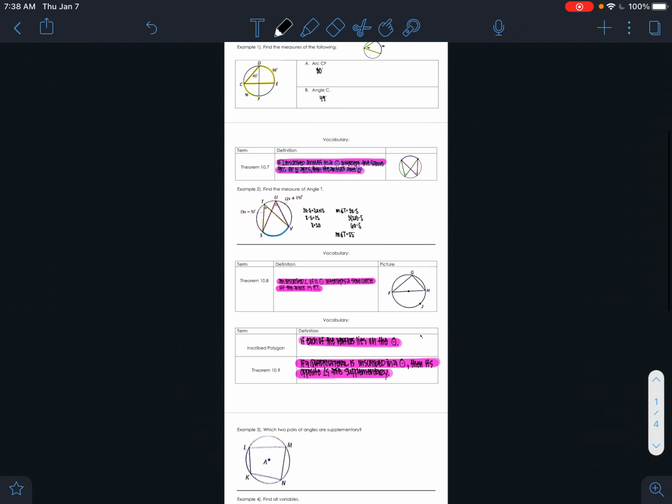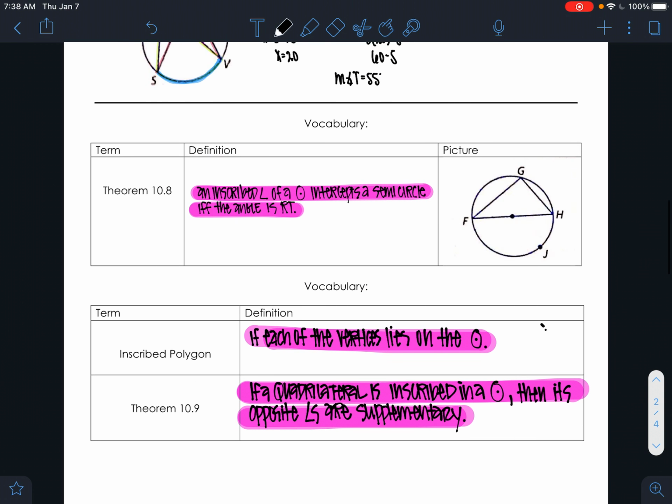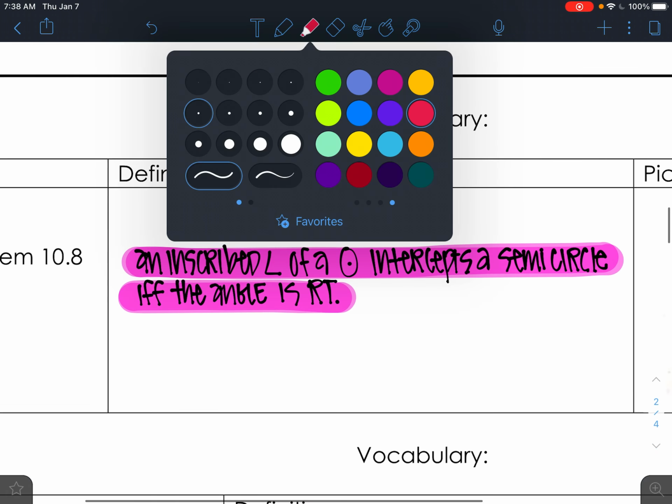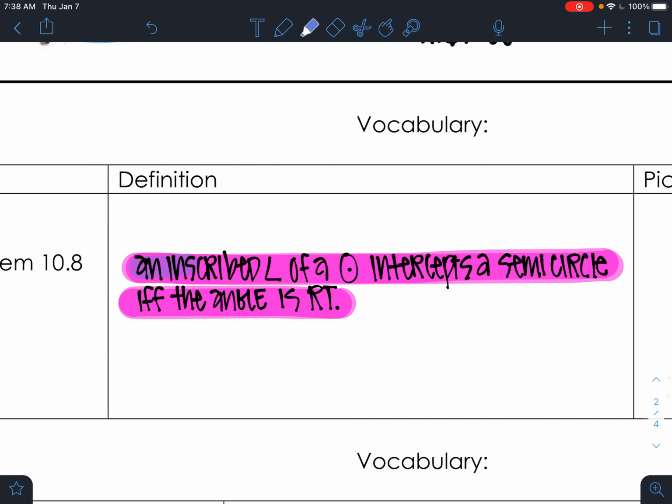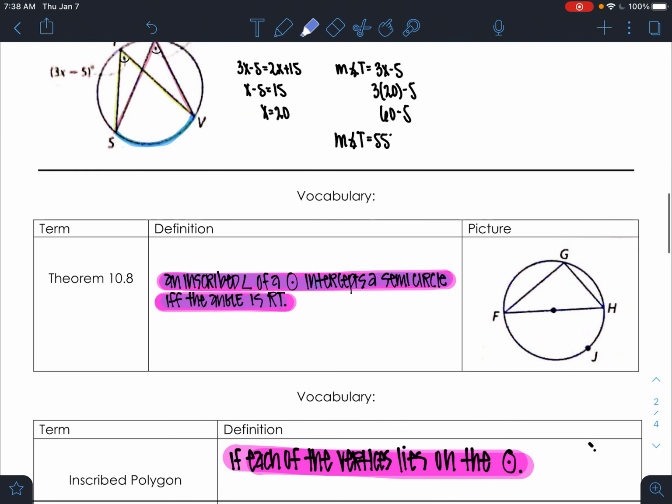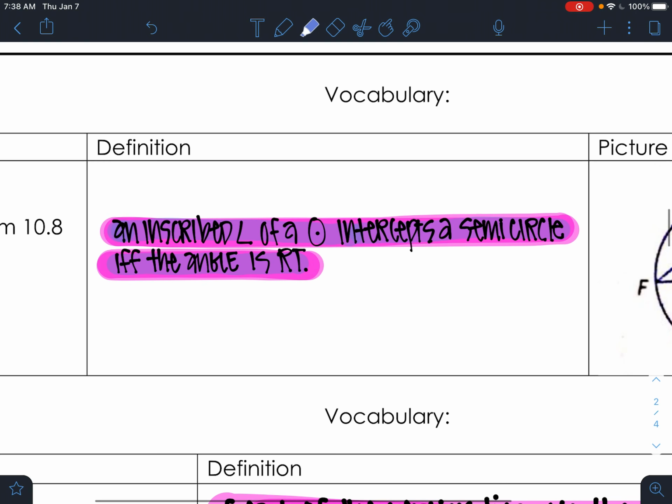All right. So my next theorem says that an inscribed angle of a circle intercepts a semicircle if and only if the angle is right. Okay, so one more time. An inscribed angle of a circle intercepts a semicircle if and only if the angle is right.